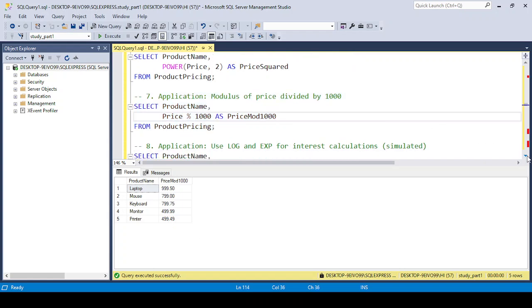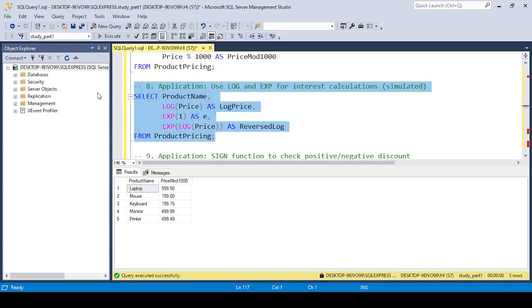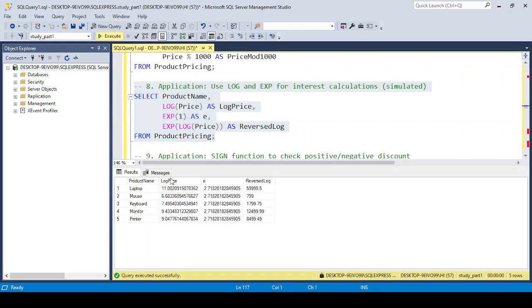Let us also see log and exponentiation for interest calculation. So this is the log value, this is the exponent value of 1. This is the reversed log, exponent of log of price. See, this is the log value.